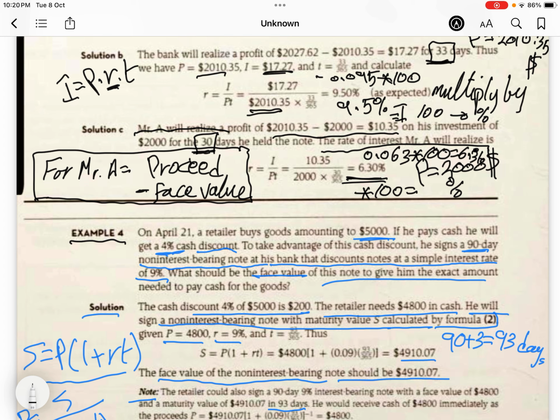To take advantage of this cash discount, he signs a 90 days non-interest bearing note, which means that this is S, the accumulated value, at his bank that discounts notes at a simple interest rate of 9%, which is the discounted interest rate. What should be the face value of this note to give him the exact amount needed to pay cash for the goods?